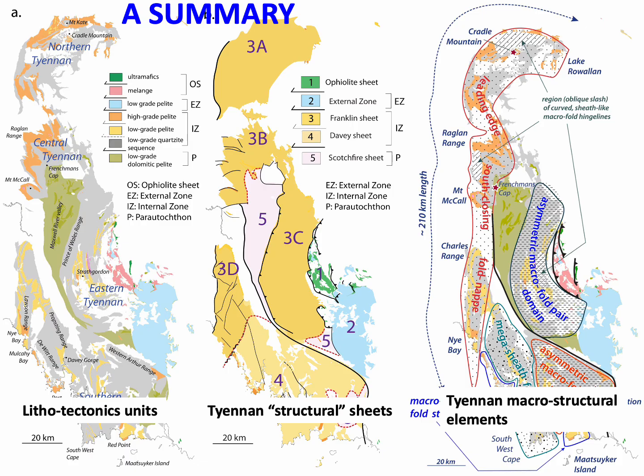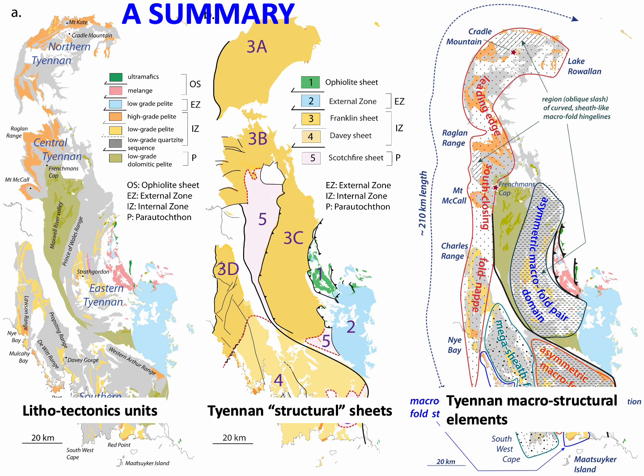In summary, these 3 maps show the breakdown of the Tyennan allochthon through the various components. Firstly, the lithotectonic units, secondly, the structural sheets, and thirdly, the macrostructural elements.